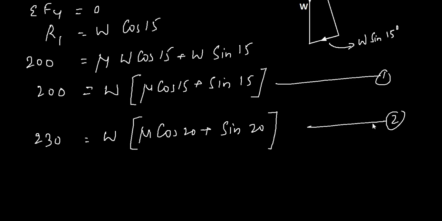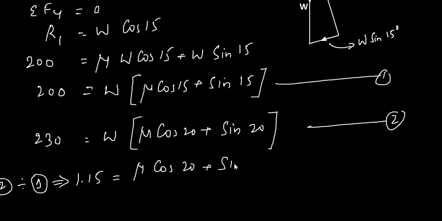Let's call that 2. If you divide equation 2 over 1, you have 230 over 200, that is 1.15, equal to, W will be cancelled, mu cos 20 plus sine 20 over mu cos 15 plus sine 15.